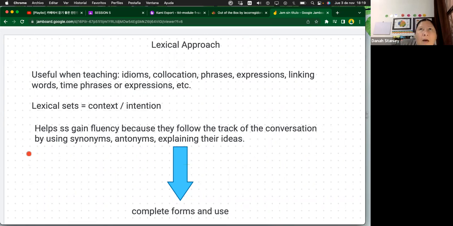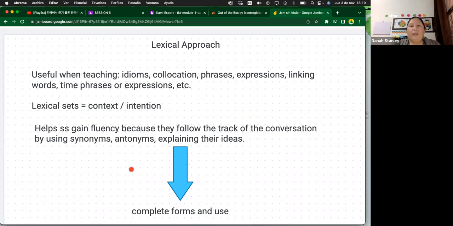You may have a very standard level of English or even low level of English, but if you gain this security, if you know how to use it, and you have very well developed the other soft skills, surely you may be able to deal with a conversation, and you will communicate with others, and you will transmit what you really want to say. So in this case, it helps to gain fluency because they follow the track of the conversation.